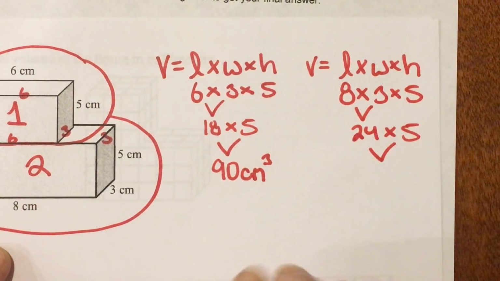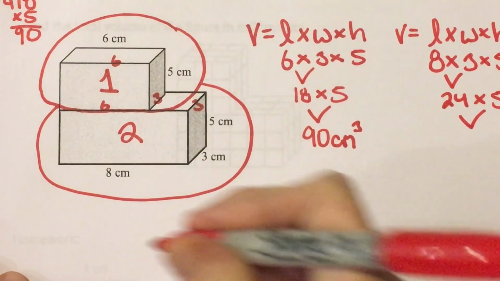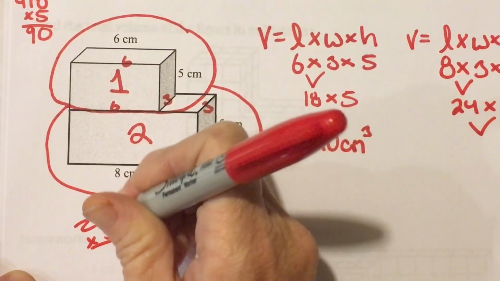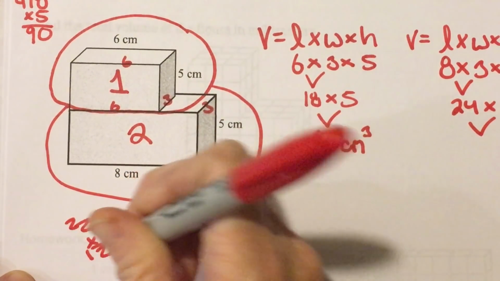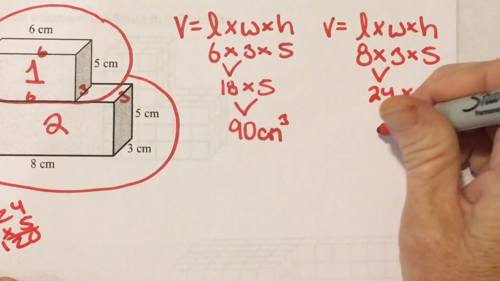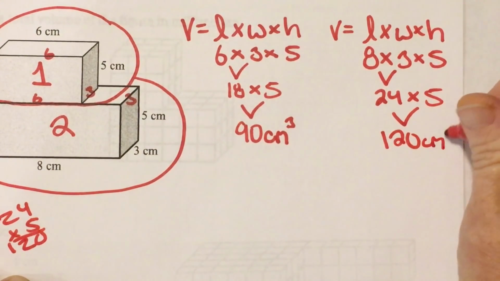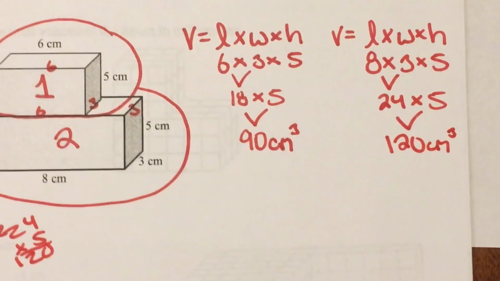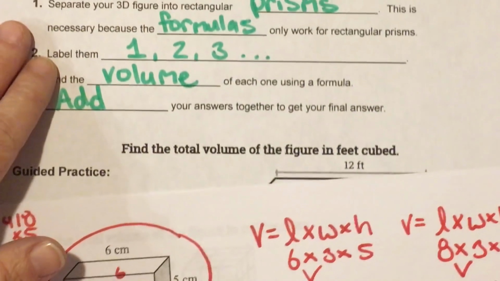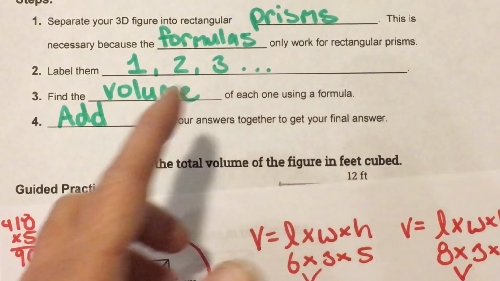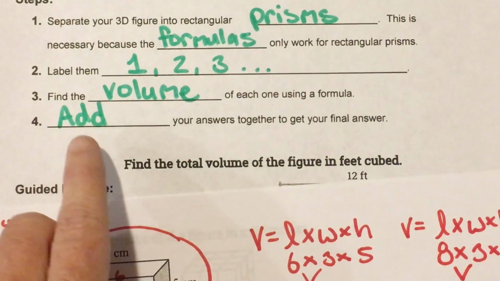Again, that's past what I could do in my head, so I'm going to find a spot to do some side work. And I am getting 120. So the volume of my second box is 120 centimeters cubed. That was step 3, where most of my work is: find the volume of each rectangular prism using a formula.